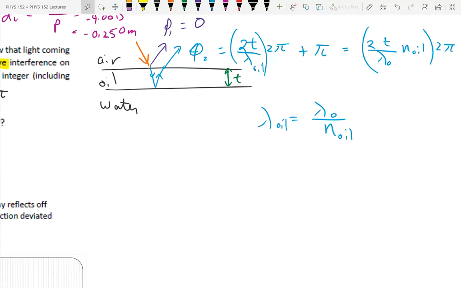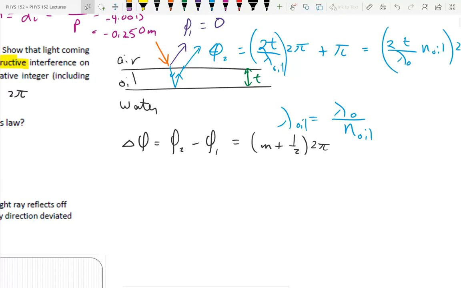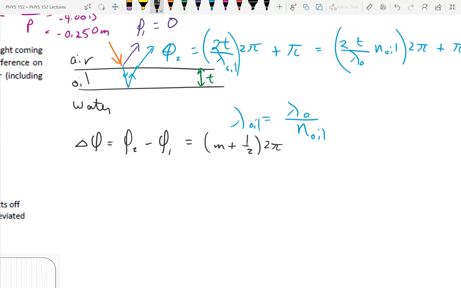And so now I take my change in phase and put in what I just worked out above.